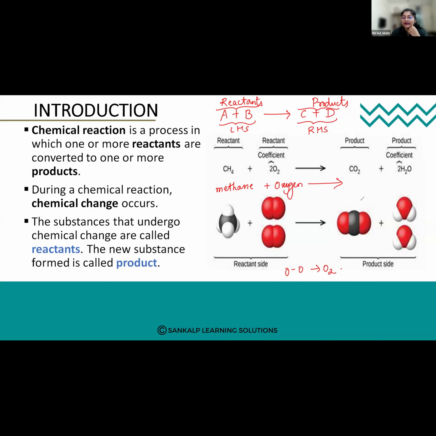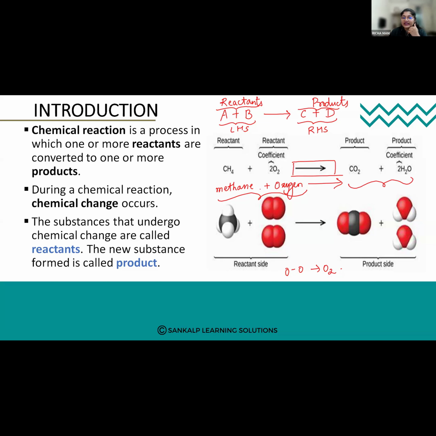So here is a chemical reaction taking place. On the left hand side are the reactants, and on the right hand side are the products. The reactants and products are separated by this arrow mark. Like this, we represent a chemical reaction in the form of a chemical equation.